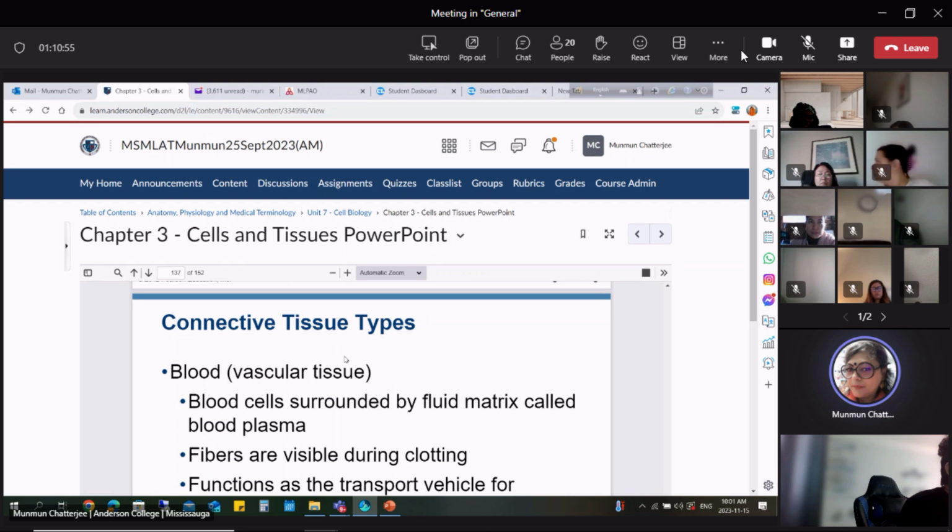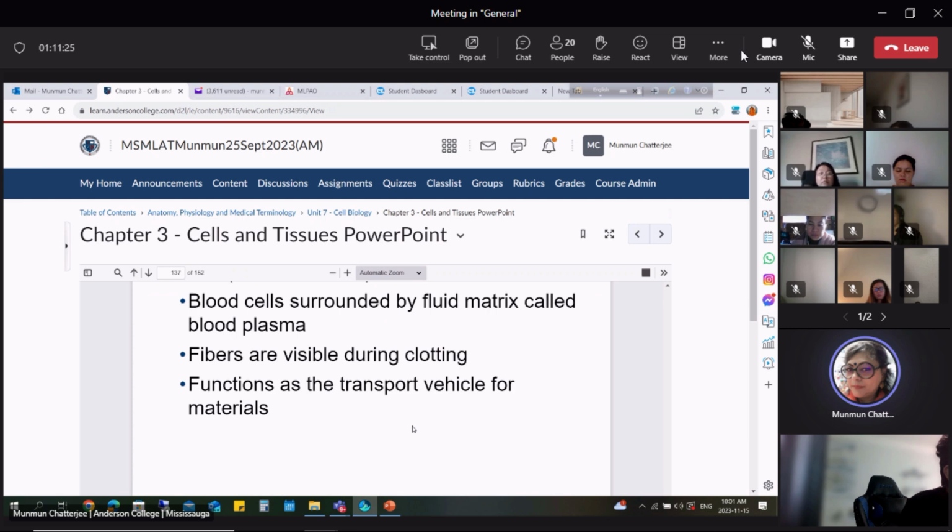That is called the vascular tissue, and it is blood. When you are seeing the blood, you cannot see any fibers or connective tissue, right? But during blood clotting, the fibers are visible. That proves that it's a connective tissue. Function: transport vehicles for the materials.